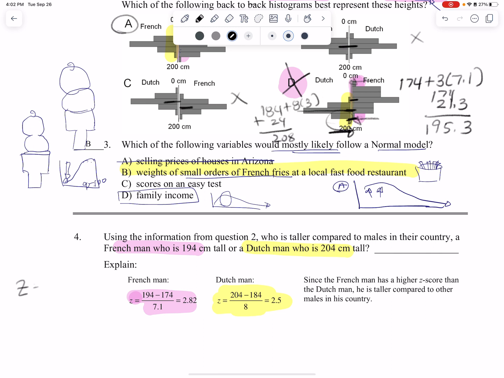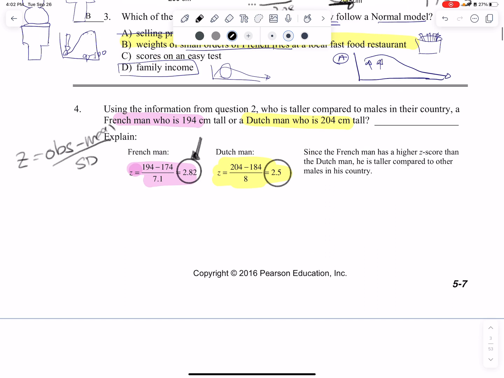The z-score is equal to your observation minus the mean, divided by the standard deviation. Because the Frenchman had a higher z-score, he is considered taller with respect to his culture.